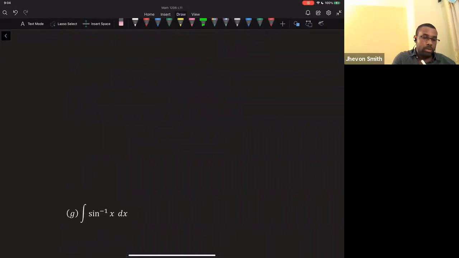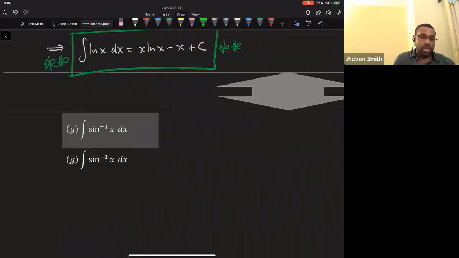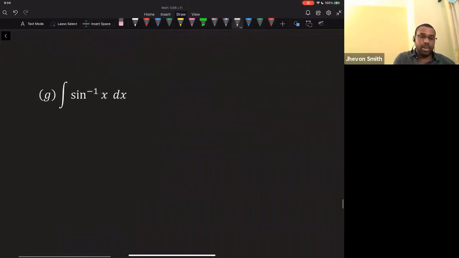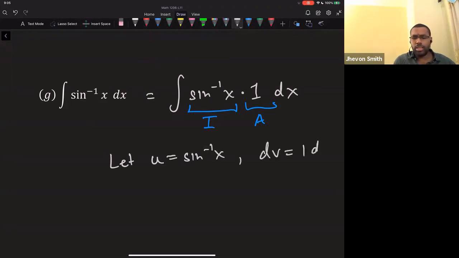The next one, for the sine inverse function, is pretty much the same trick. You just think of it as 1 times something, right? So you see this and think of it as sine inverse of x times 1 dx, where that's an A and this is an L. So by LIATE, the u is sine inverse, which, even without LIATE, should be obvious.